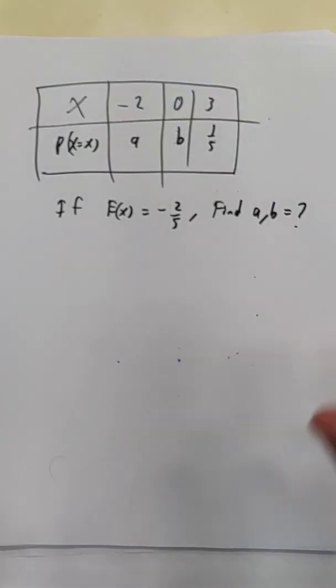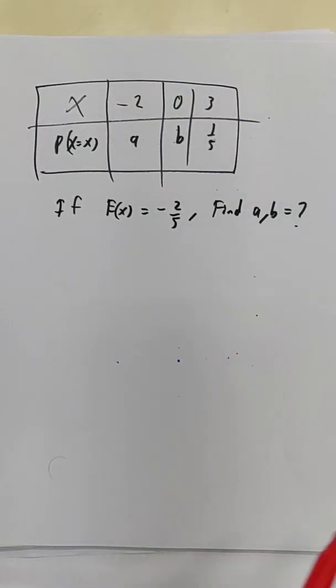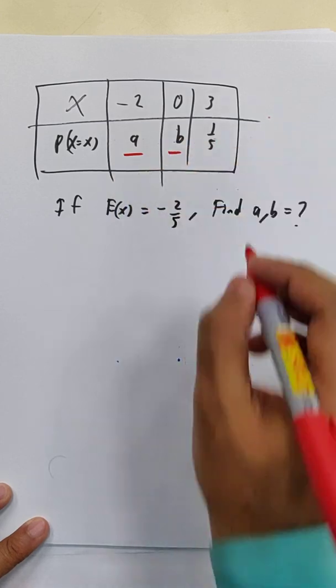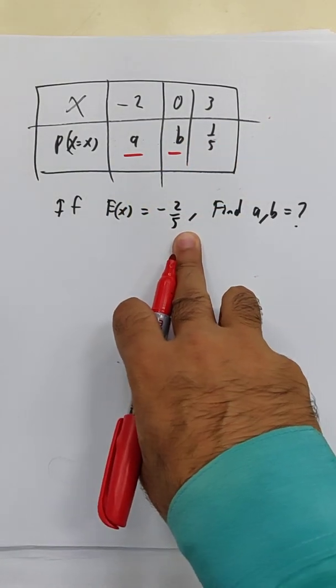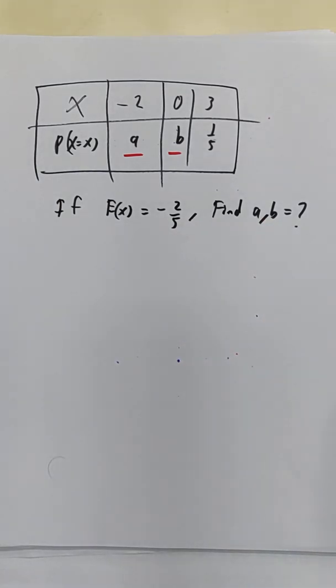Okay, we were given this table with two unknowns, A and B, and then we were told that the mean is negative 2/5. Find A and B.